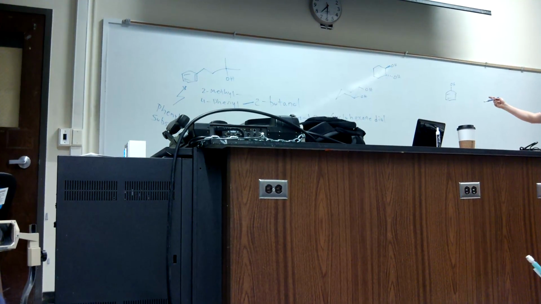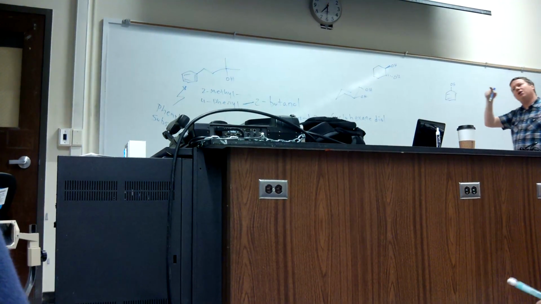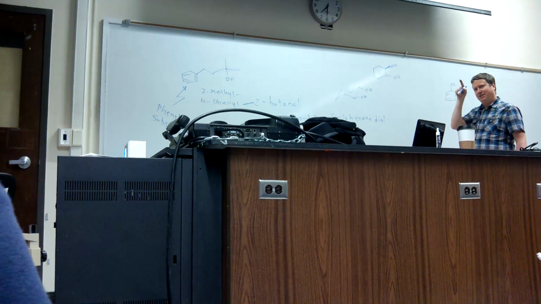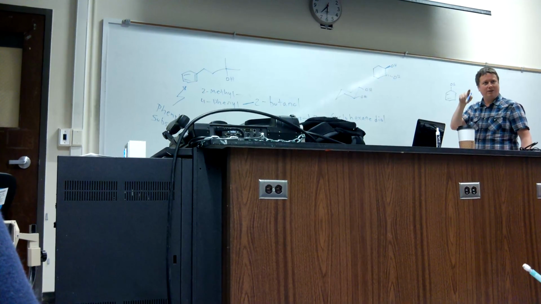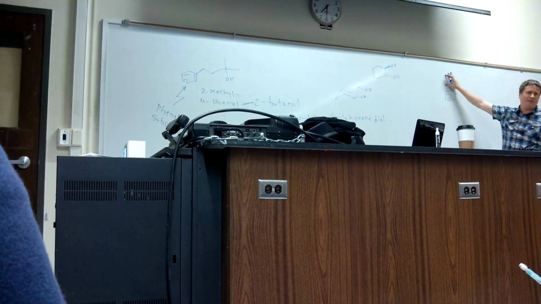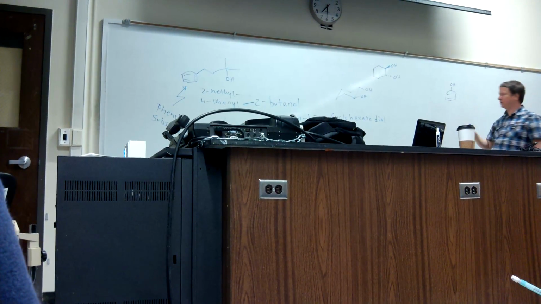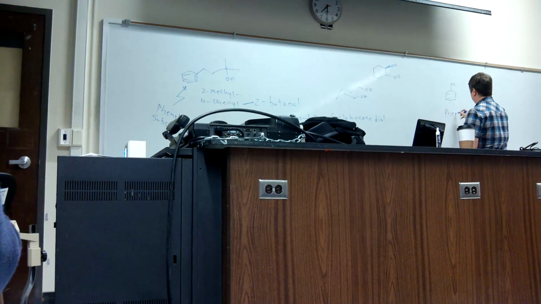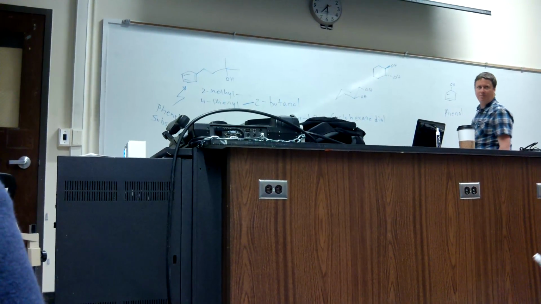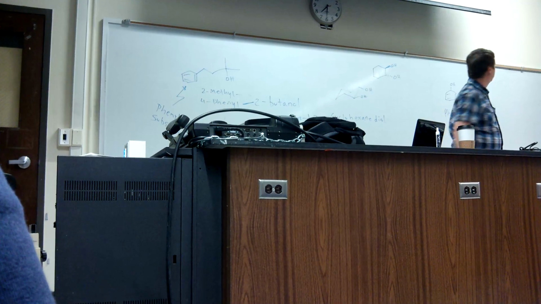Okay, what's this molecule called? Not benzene. Phenyl. Phenol. Not phenyl. It's my accent. Phenol. It's different. This is phenyl. This is phenol. Phenol is a molecule that looks like that.